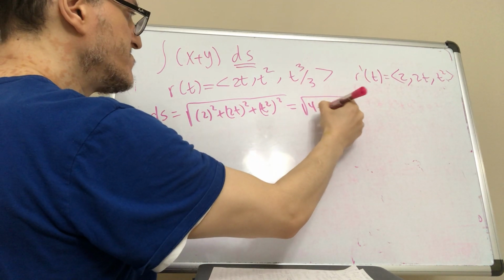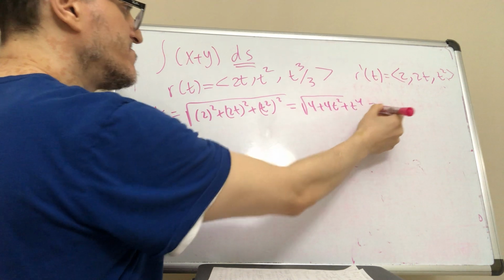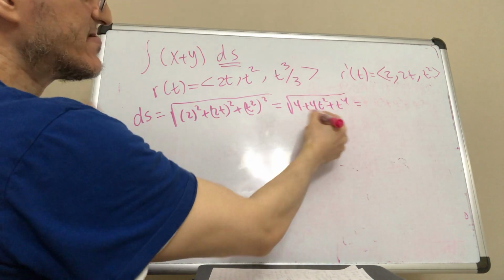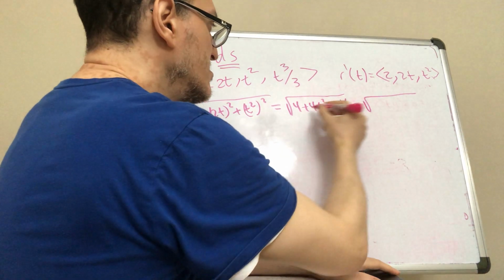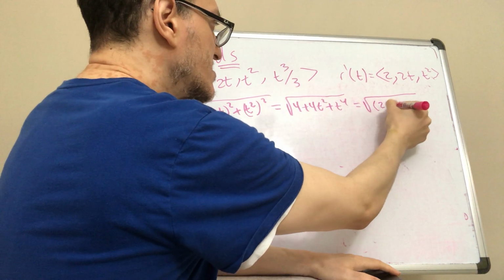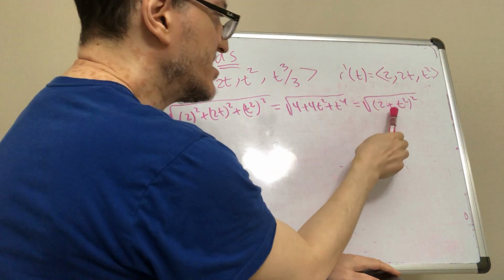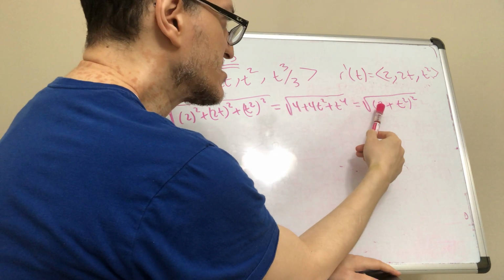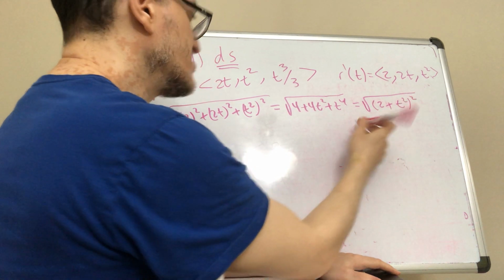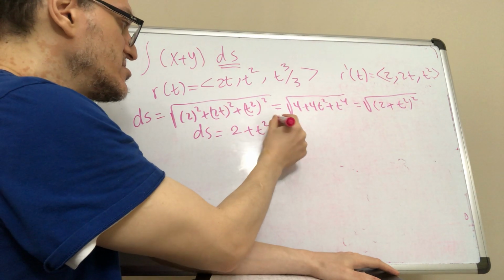This is 4t squared, t to the 4th. This here is a complete square. You square root the first one, you square root the last one, and if you expand, you get this. So basically, this is the square root of something squared, so your ds would be 2 plus t squared. So that's your ds.